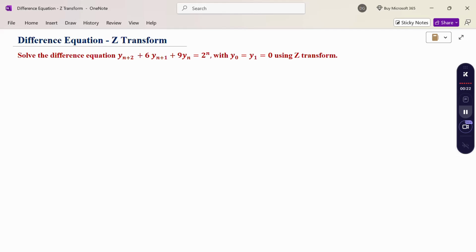First of all, the given problem y suffix n plus 2, or y of n plus 2, or y of k plus 2, or any other notation whatever; using this Z transform of a difference equation, you should follow the same rule.